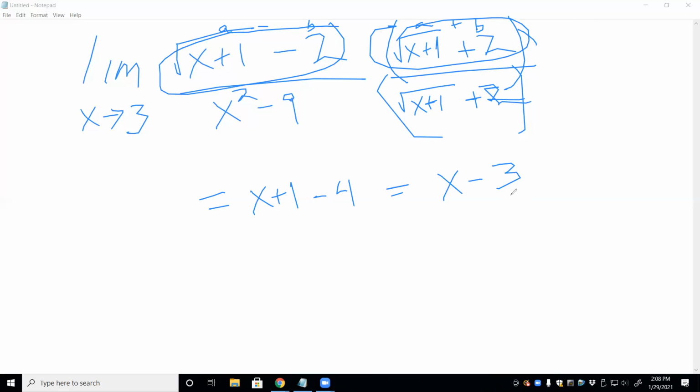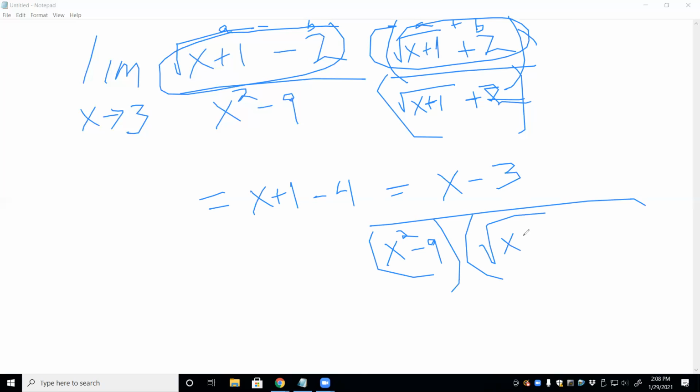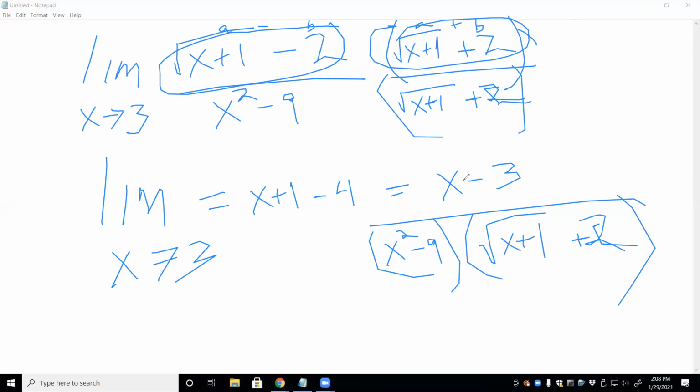And now the bottom is going to be x squared minus 9 times the square root of x plus 1 plus 2. And now let's try substituting again. What is the limit of that function as x approaches 3? The numerator still goes to 0. The denominator still goes to 0 also.